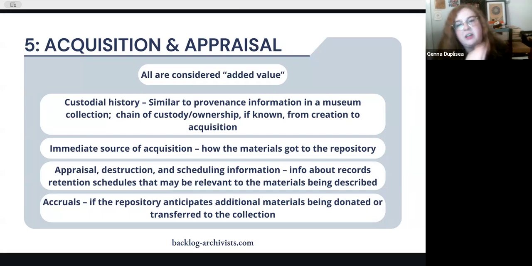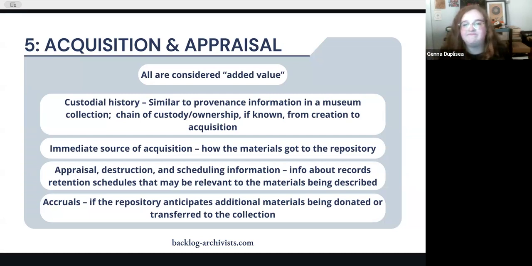Accruals is a section for talking about if you think that more is coming. So whether it's regular transfers from another office or organization, like maybe your repository collects the papers of a local organization and they do a transfer once a year of their old records. Or a donor is going through their papers and you're expecting to get more of them, like when they finish a manuscript or something like that.